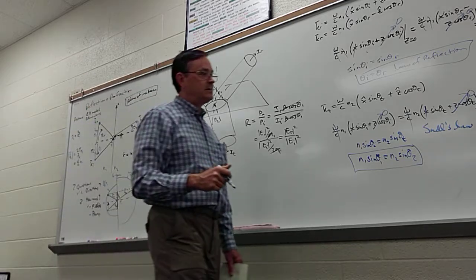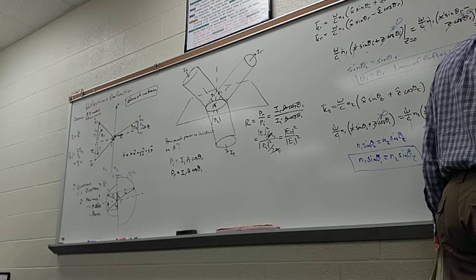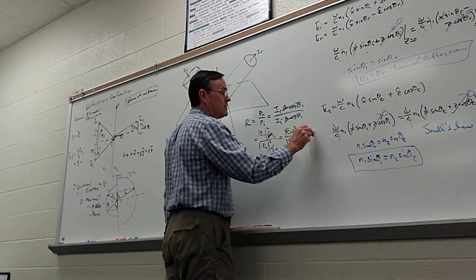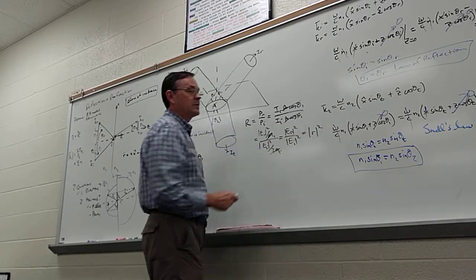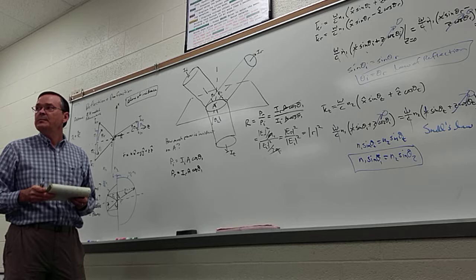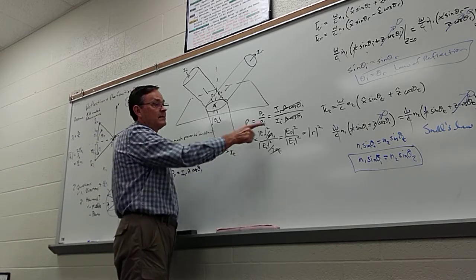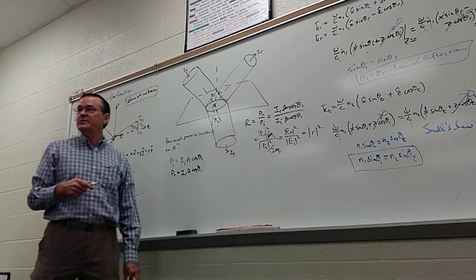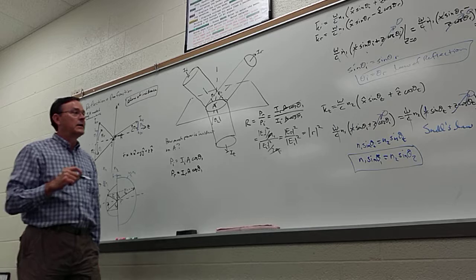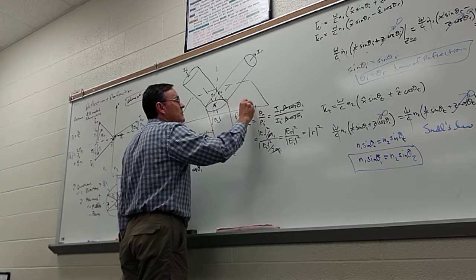And if I go back to my definition over here, that ratio is just the reflection coefficient. So this is the magnitude squared of the reflection coefficient. So the power ratio for reflection is the magnitude squared of the reflection coefficient. The reflection coefficient relates the fields. And we call this quantity the reflectance.